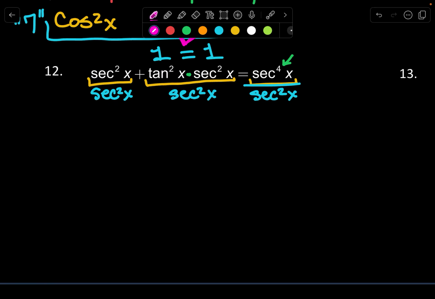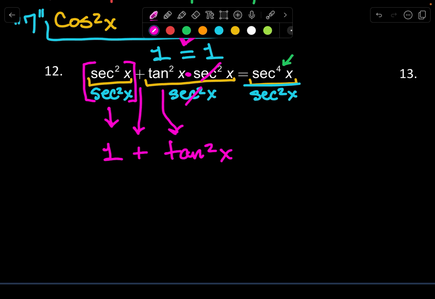And if I divide everything by secant squared x, this is secant squared x over itself. So that's just a 1. These are being multiplied, so numerator, denominator cancels. That leaves me with just tangent squared x. And then on this side, I've got the 4 and the 2.